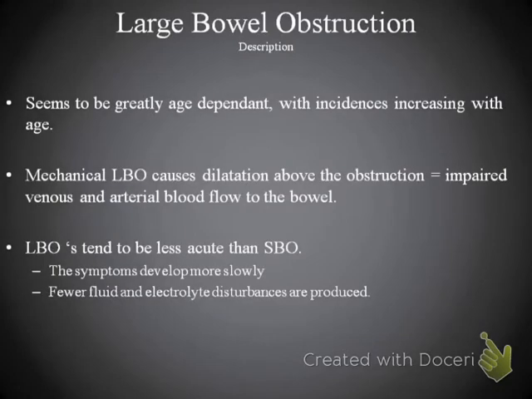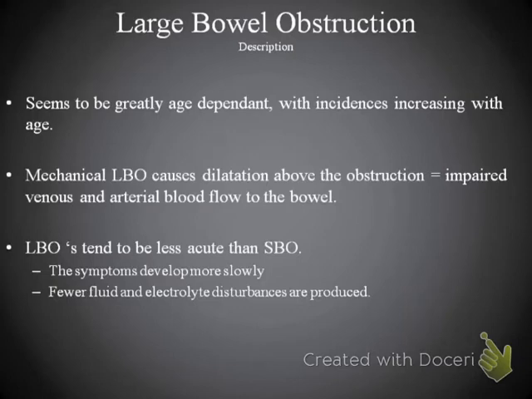It seems to be greatly age dependent, with incidence increasing with age. Mechanical large bowel obstruction causes dilatation above the obstruction, which equals impaired venous and arterial blood flow to the bowel. LBOs tend to be less acute than small bowel obstructions.